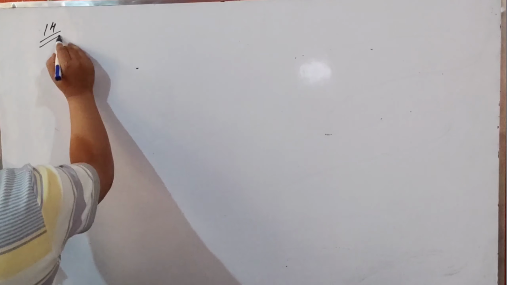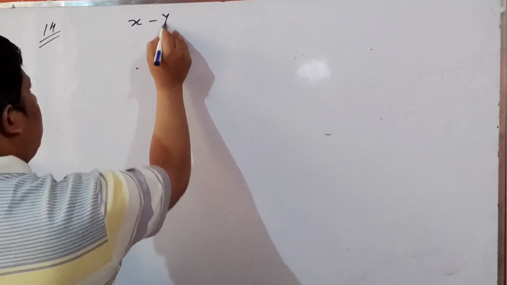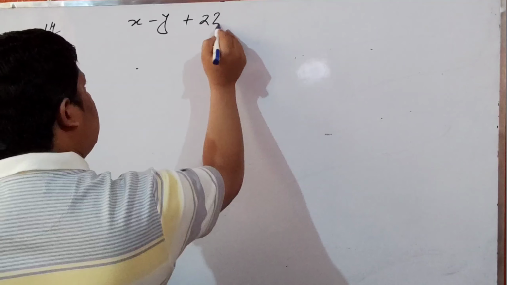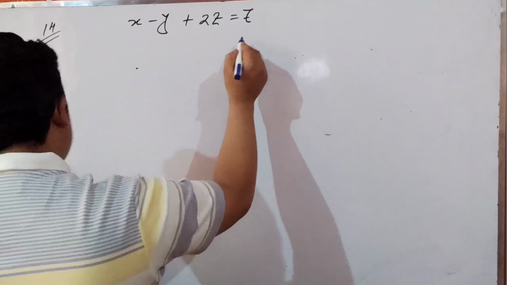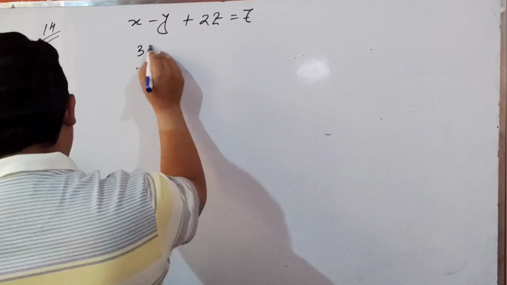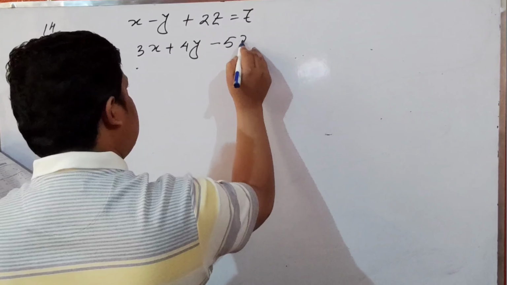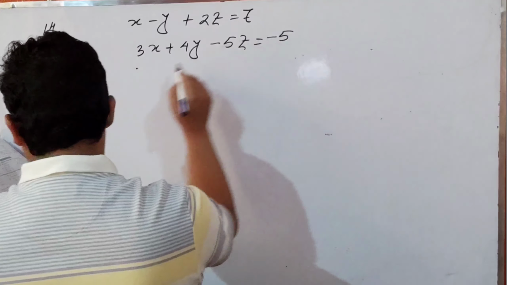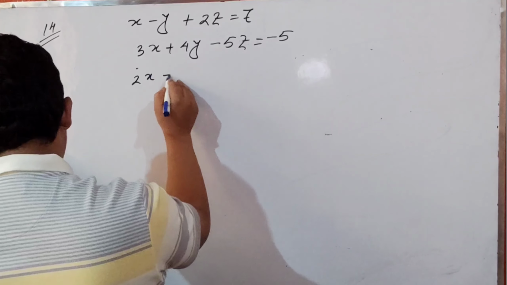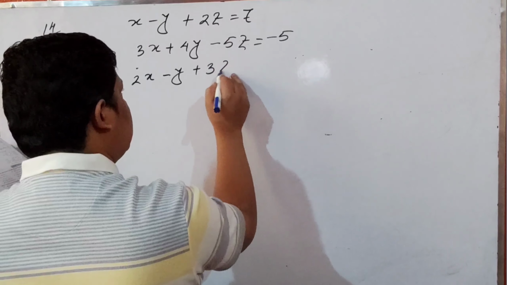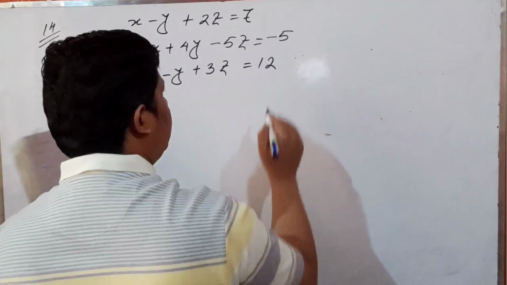Suppose I am going to discuss question number 14. x minus y plus 2z equal to 7 and 3x plus 4y minus 5z equal to minus 5. Next, 2x minus y plus 3z equal to 12.